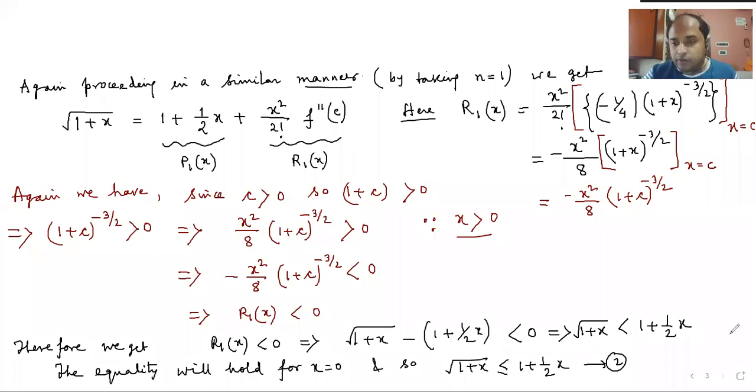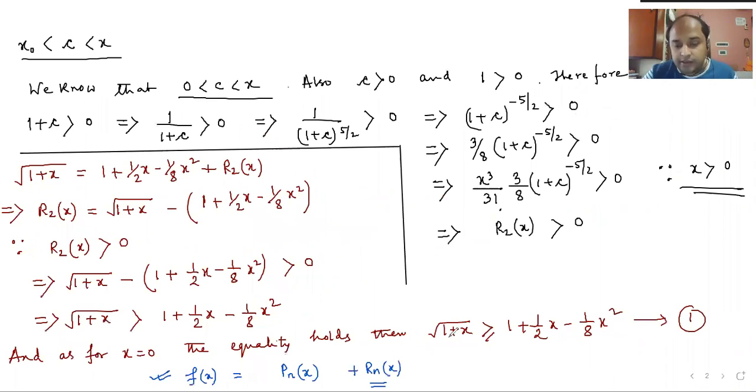Okay, so now you see, in the previous page we have shown this inequality: square root of 1 plus x is greater than this, and from 2 we have got this.